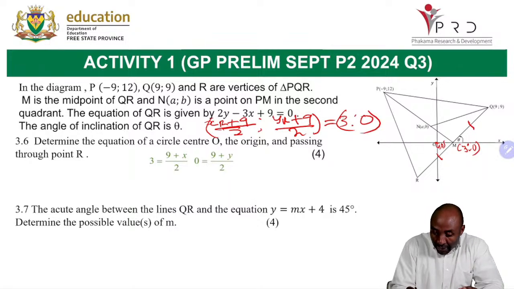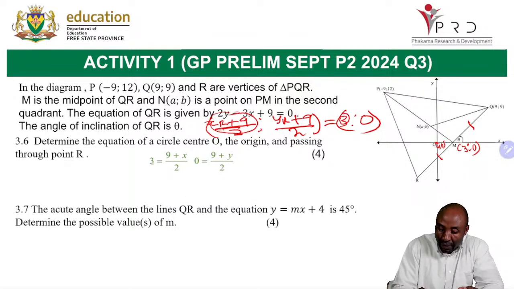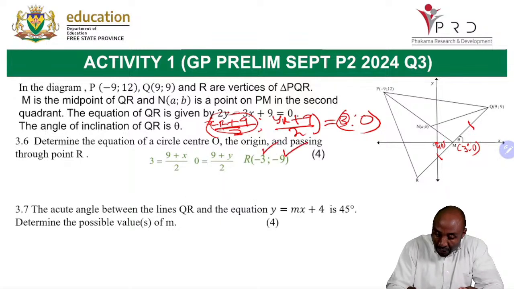So from there, that is where these equations are coming in. You take the x at R plus 9 over 2, it is equal to the x coordinate. Hence, we will get our coordinates of R as negative 3 and negative 9.